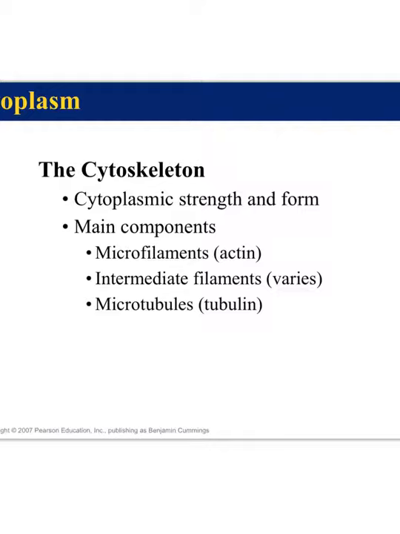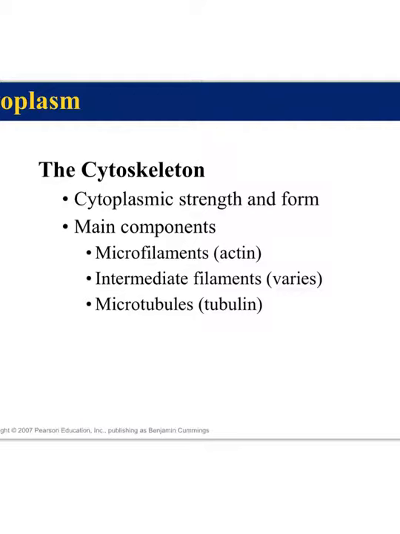The cytoskeleton itself is important in helping to maintain the shape and structure of the cell, and also to help hold all the organelles in place within the cell. There are three major components, all of which are sort of fibrous, that are going to connect the various parts of the cell and connect to the cell membrane on the inside of the cell.